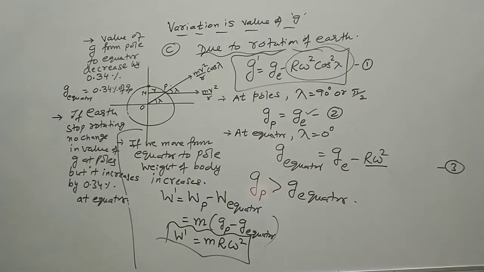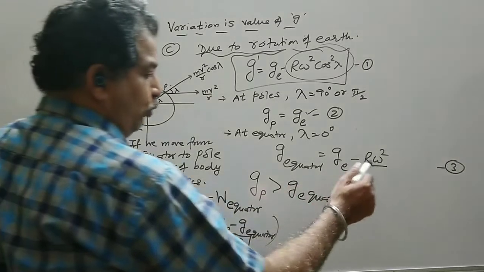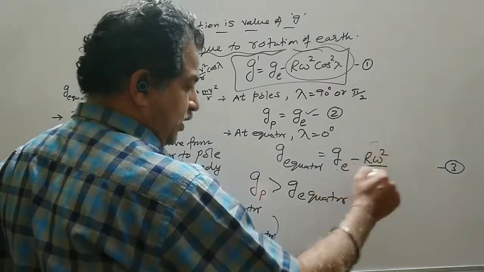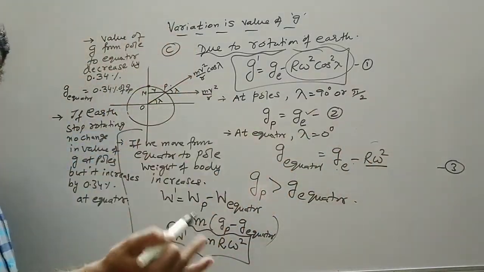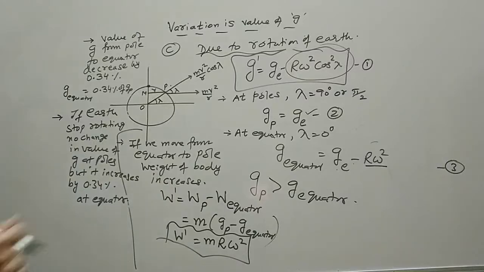So the value of g increases by about 0.34% at the equator. That is, this value you will get 9.8 minus this value, it will be 0.3% of 9.8. So you can calculate that value.